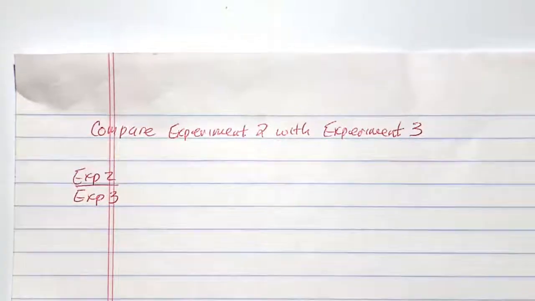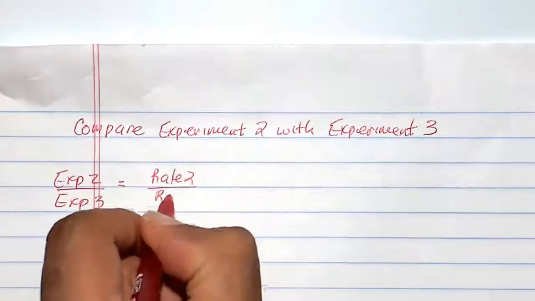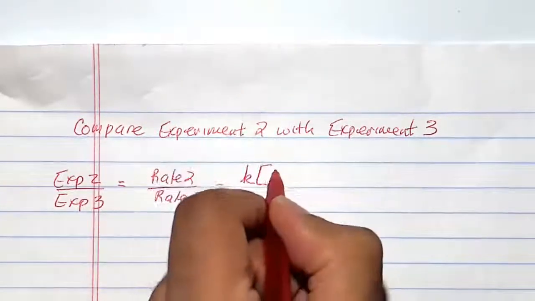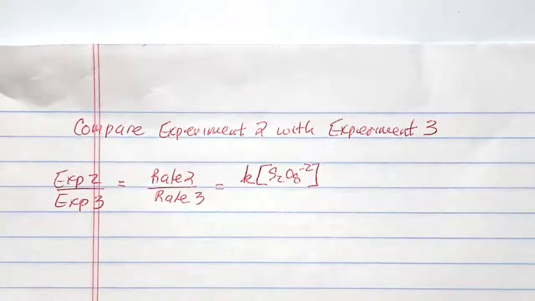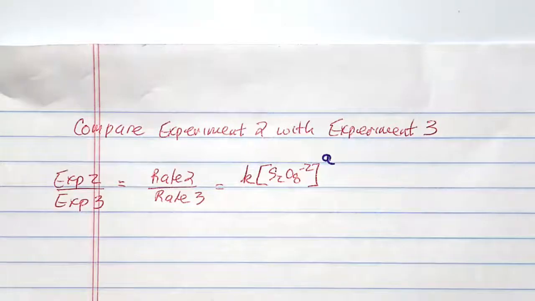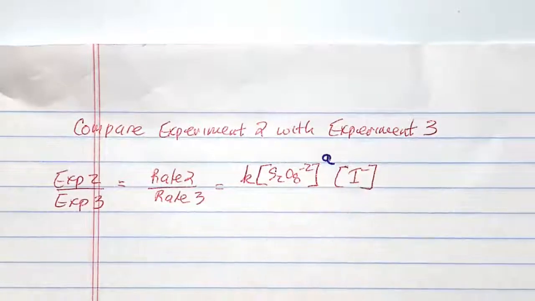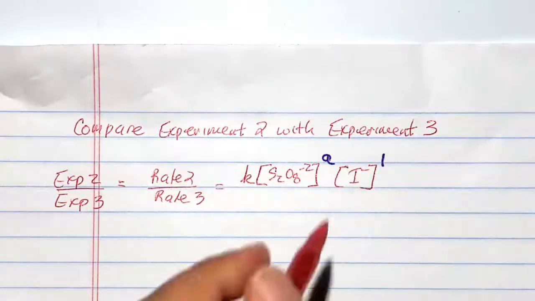Experiment 2 with experiment 3: rate 2 over rate 3 is K times the concentration of S2O8 2- raised to the order of its decay, times I- raised to the order of its decay, but we already know it's 1 because we solved that previously.